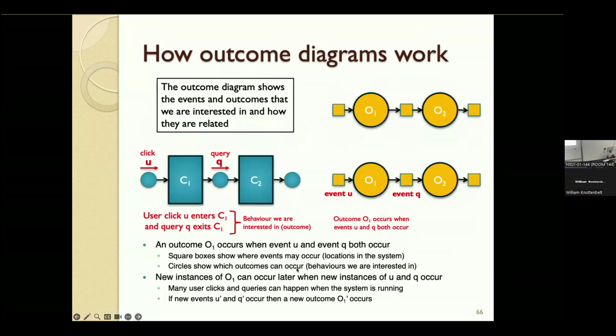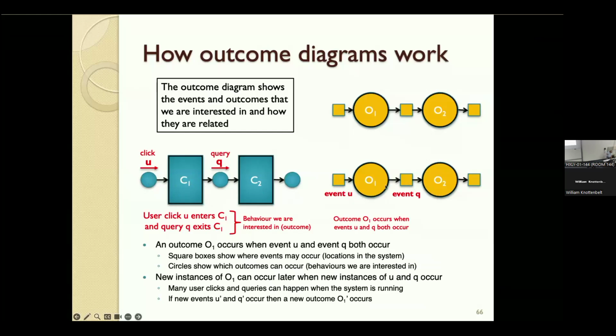And a final, a little bit more subtle point, is that outcome diagrams are actually more like classes than objects, okay? Here we have a click, for example, and a query. So the behavior is that the query comes after the click. So whenever we have a click, any event U will give an event Q, okay?